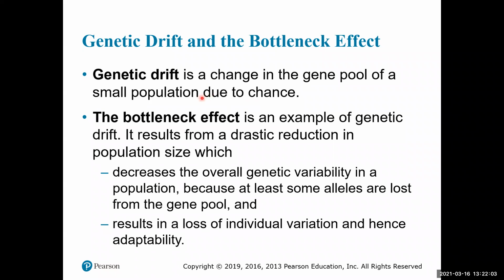And you can get small populations through a process known as the bottleneck effect. This is where you have a drastic reduction in population size, and you end up with a decrease in genetic variability because you lose alleles from the gene pool and you lose individual variation. If you don't have a lot of variation, then you lose the ability for those individuals to adapt.